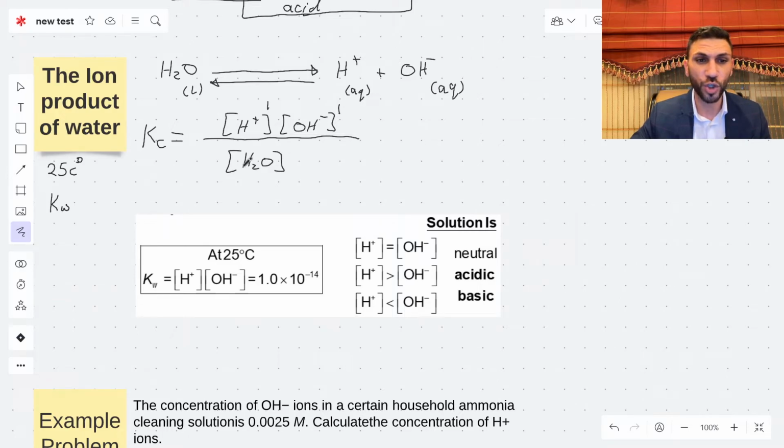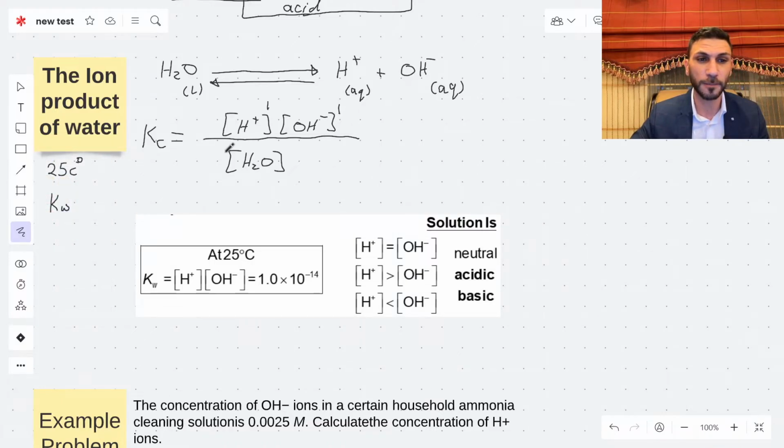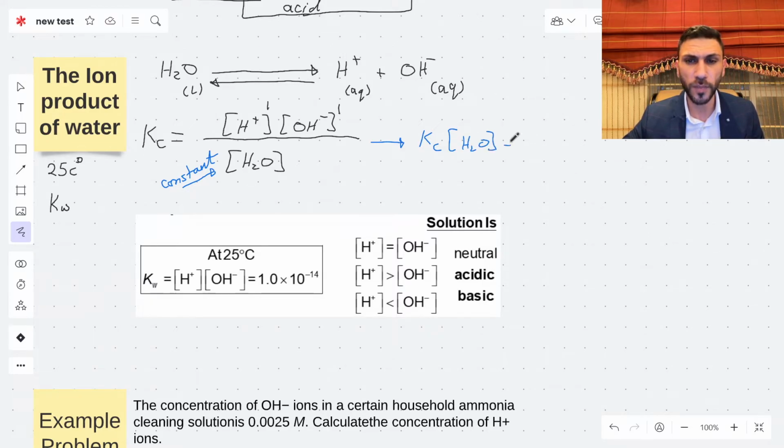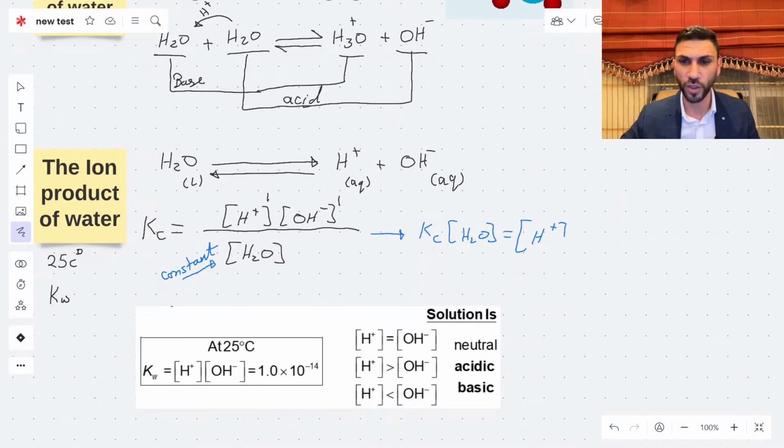But the concentration of H2O is also constant because it's liquid, it's a pure substance. So this one is also constant. The concentration of the water here is constant. That means we can write this equation as Kc multiplied by H2O equals the concentration of the hydrogen ion multiplied by the concentration of the OH ion.